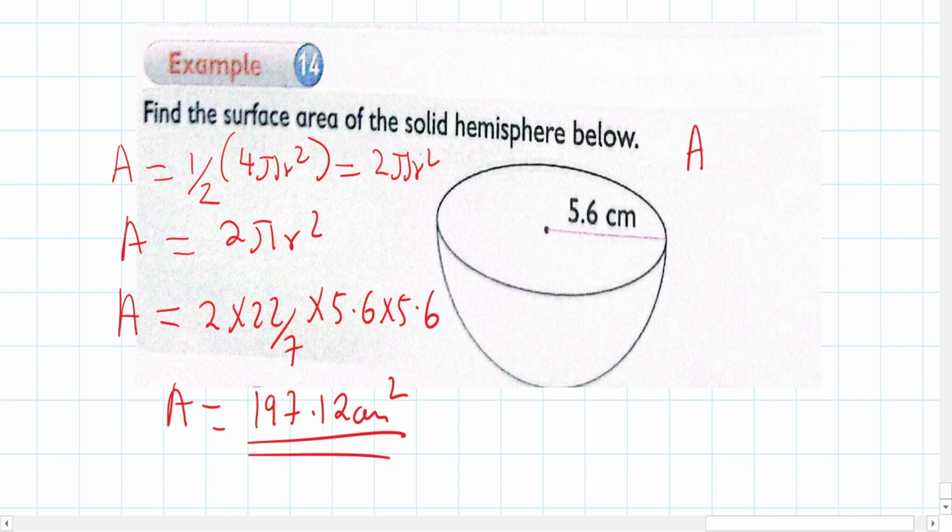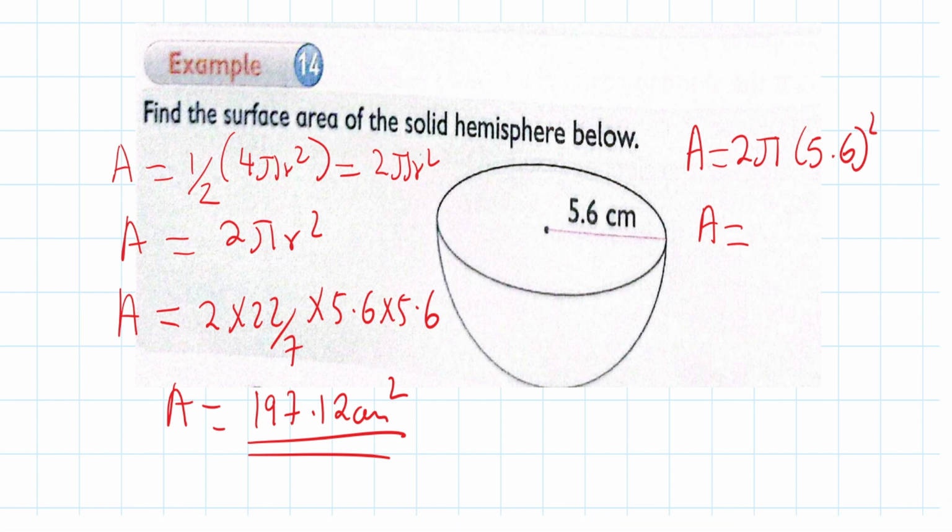That is, we can use 2 times pi times 5.6 squared. Let's see if it gives you a different answer. It's going to give you 197.04. So it's a very, very minimal difference.